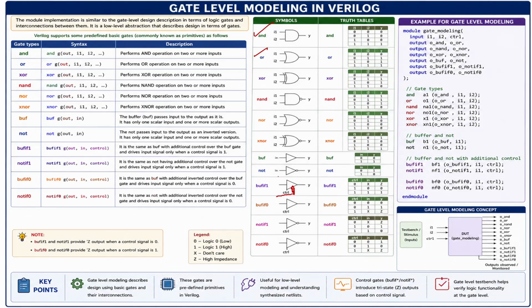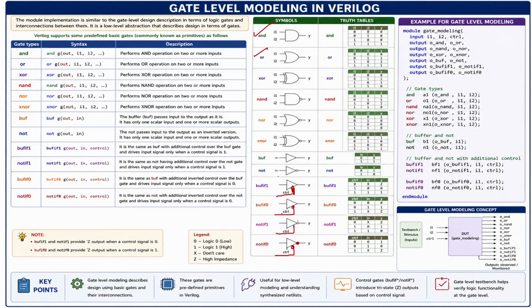It is given by just the buffer symbol. With bufif0 and bufif1, 0 means the control signal is a low value, and notif also has control, where 1 means high level and 0 means low level. This is the not gate, not buffer.